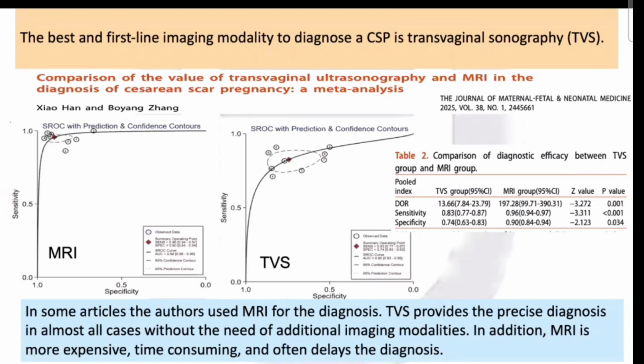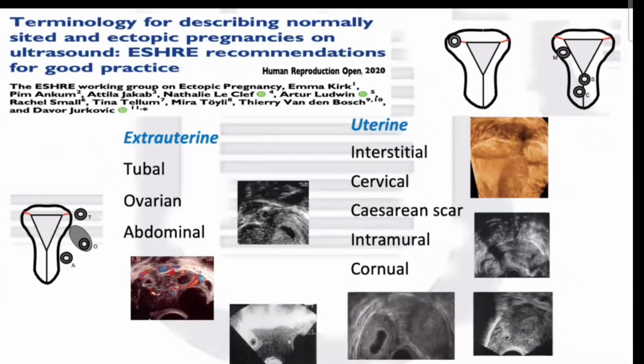But we have to understand that transvaginal sonography gives a precise diagnosis, and it needs no additional imaging if it's accurate. Often magnetic resonance is more expensive, and it can also give a delay in diagnosis, and this is a very important issue against magnetic resonance.